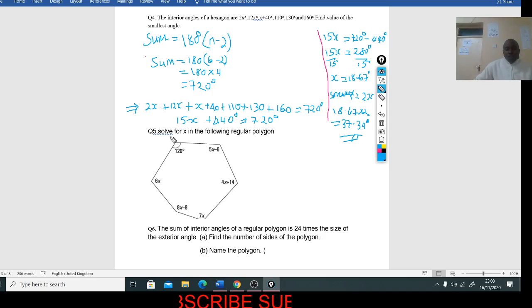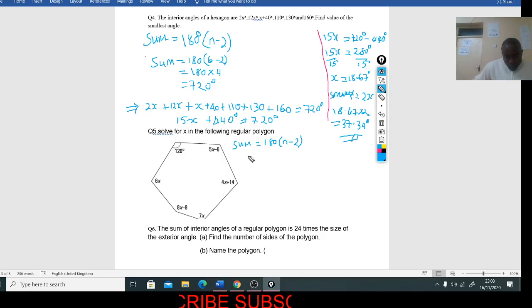Now, solve for x in the following regular polygon. This is 1, 2, 3, 4, 5, 6. This is a hexagon. First of all, you need to find the sum of interior angles, which equals 180 into n minus 2.